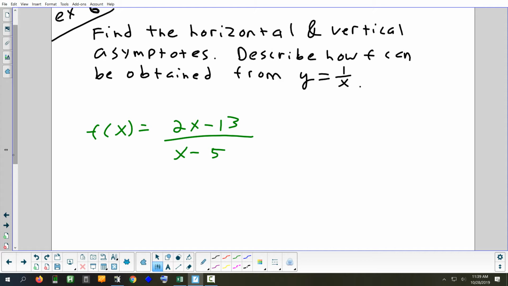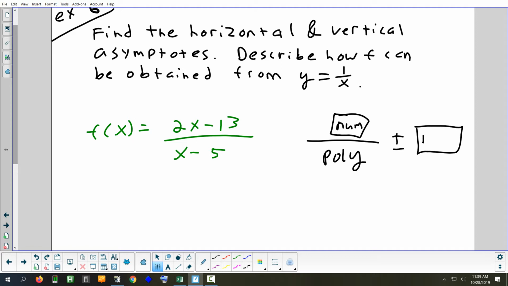Now, what's a little weird about this is it's not in the right format. When you want to describe asymptotes and stuff like that, you want a number over a polynomial and then plus or minus another number. That's what you want it to look like.